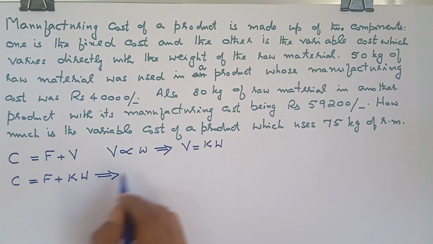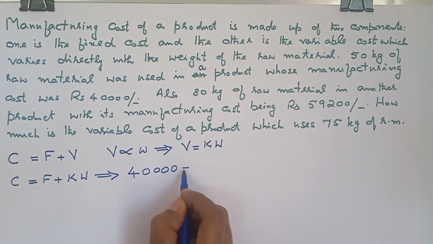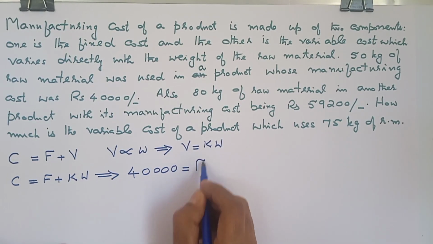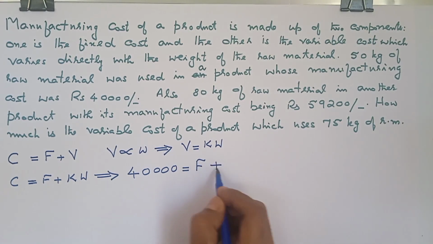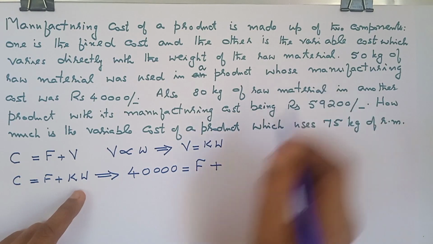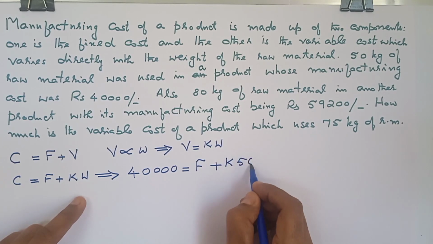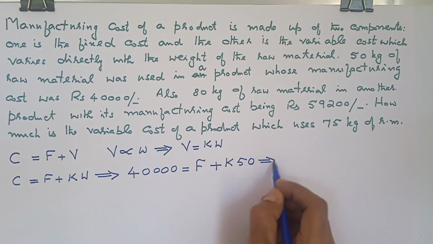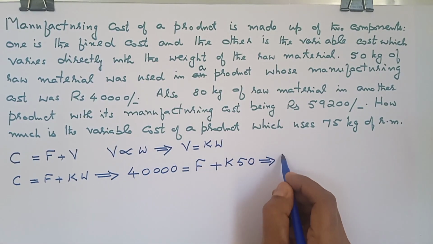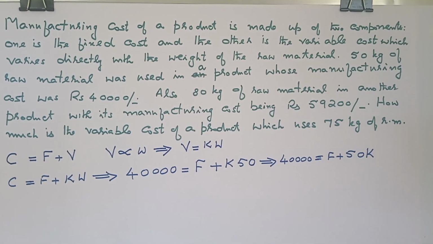If you write 40,000 for C, which is the total manufacturing cost, that will be equal to, there is a fixed cost, we don't know what it is, plus K, still we don't know, but that uses up 50 kilograms of raw material. This W will be 50. So we got one equation.